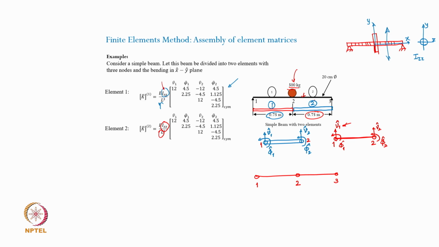This being a two element discretization, the node numbers will start from 1 and the third node is going to be the last one.